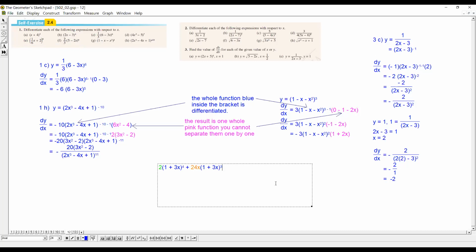Now, let's say you have a to the power of 4, plus a to the power of 3.